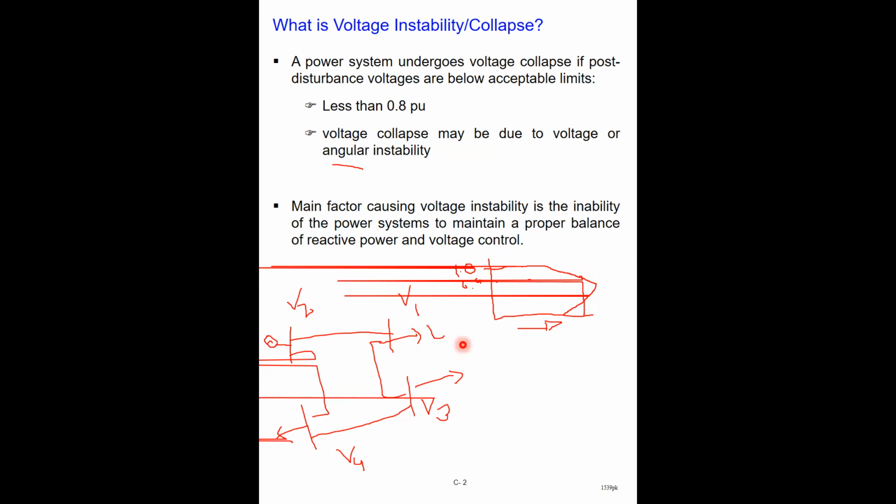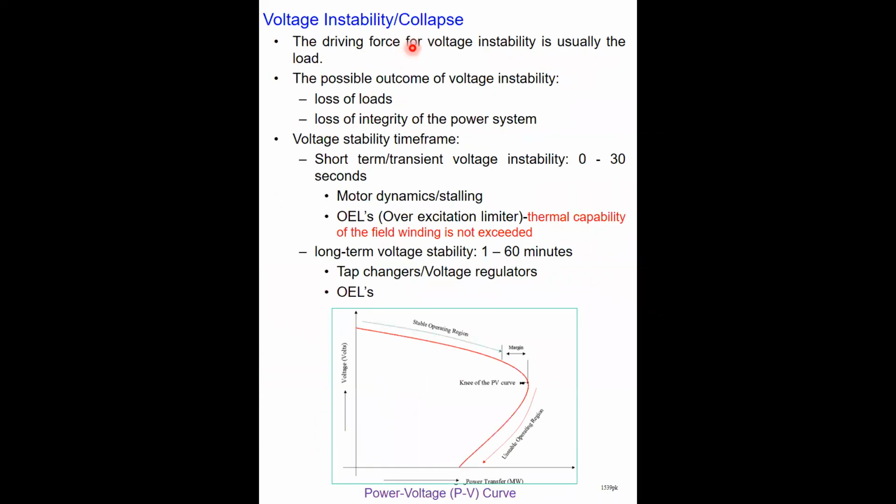So the main factor that had been responsible for the voltage instability is mainly the load connected to your bus. And in some cases you may also have voltage instability due to the loss of the load. Let's say sudden, in fact, it is not only the loss, but it can also be an increase in the load. Both it can be.